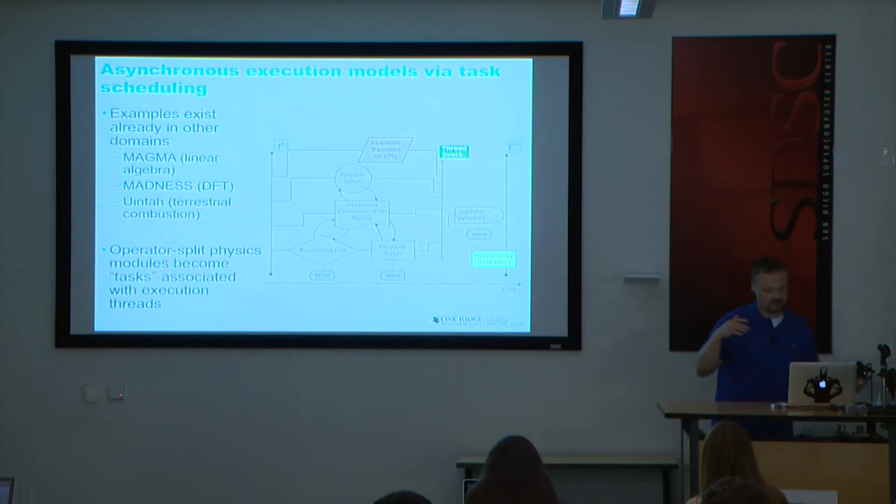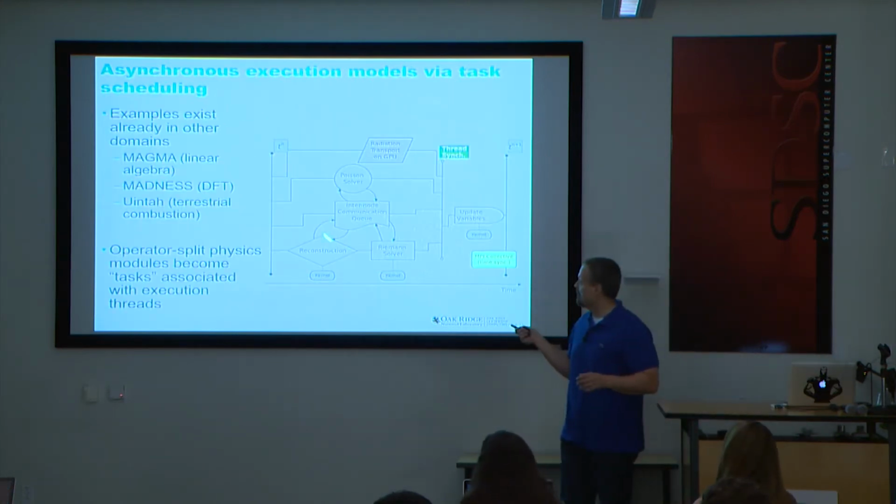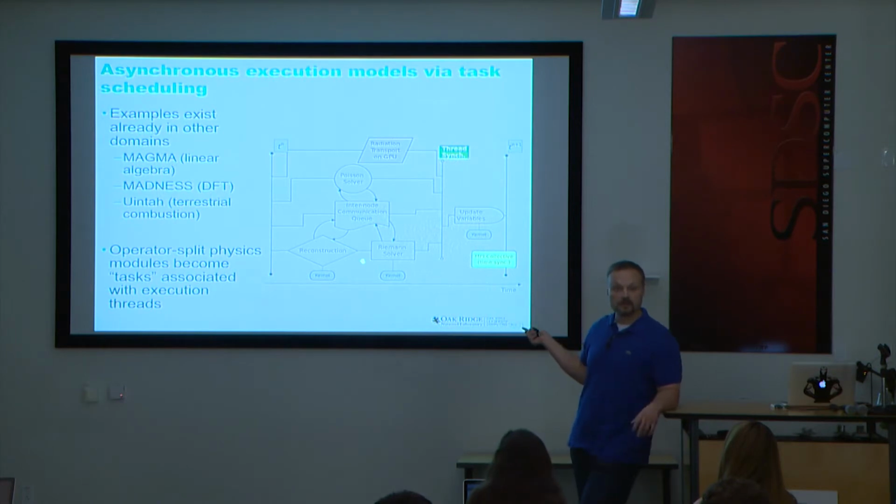A good example might be if I had a core collapse supernova simulator, right? Where I've got radiation transport that happens on a GPU between time step 1 and time step n+1, and I'm doing a Poisson solver for the gravity at the same time.